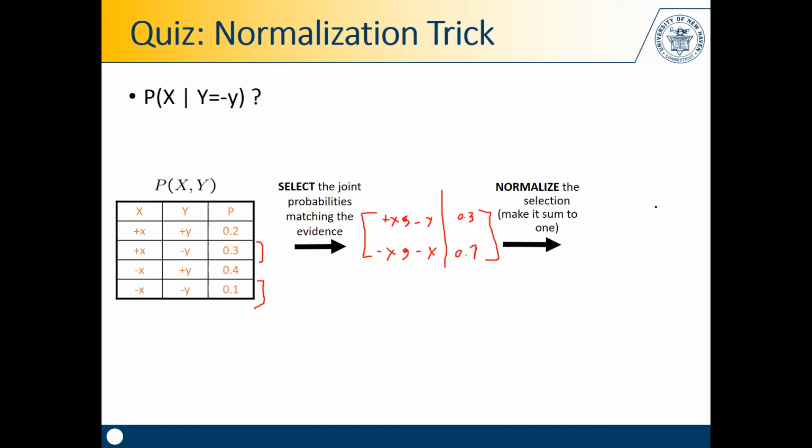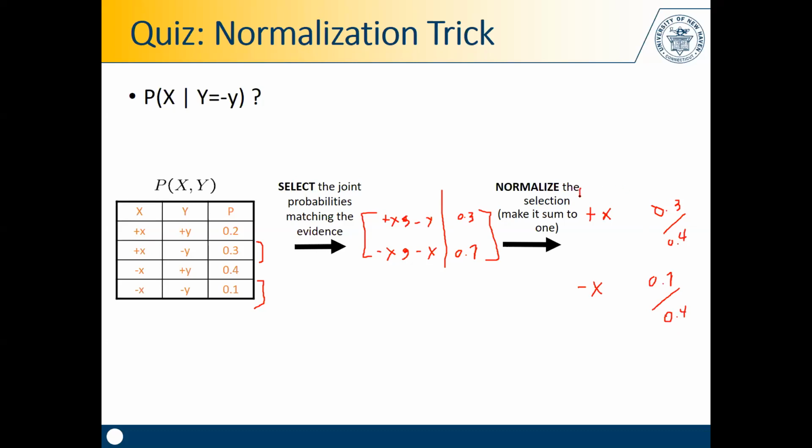So it's going to be 0.3 over 0.4 for plus x. And what about for negative x? It's going to be 0.1 over 0.4.